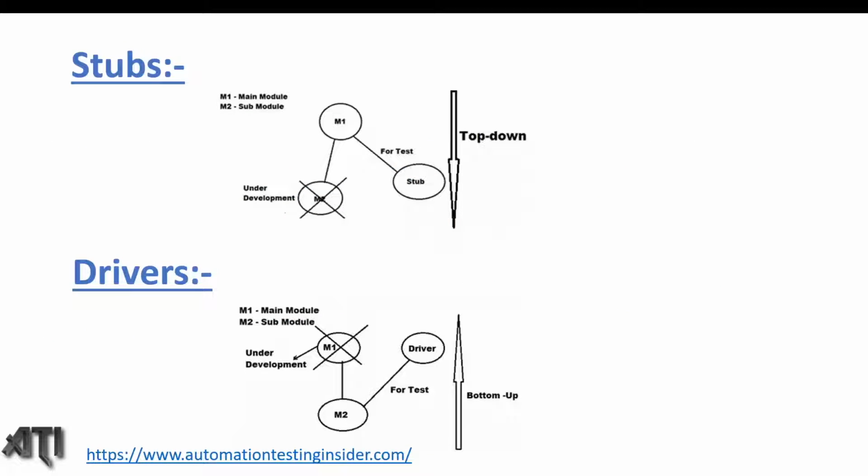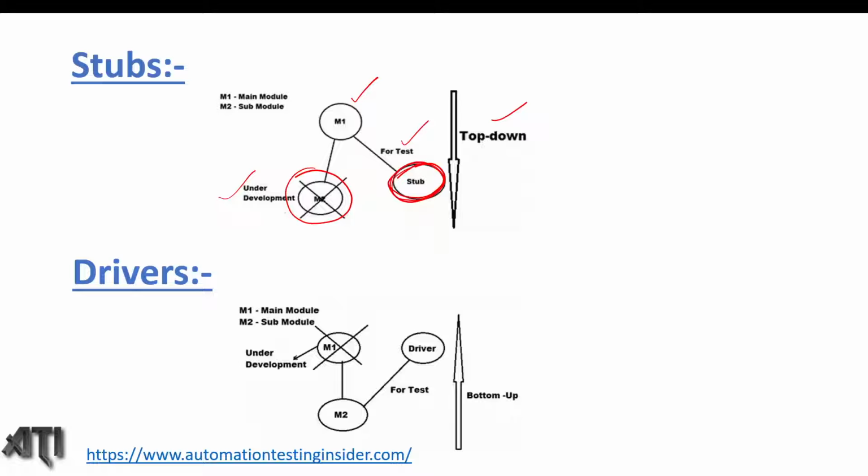Here you can see this is a stub. Our main module is done. This is the top down approach, guys. Here our sub module is under development. What the developer has done here is create a stub, a temporary program with some functionality for testing purposes.